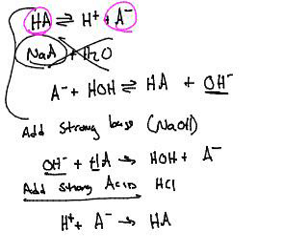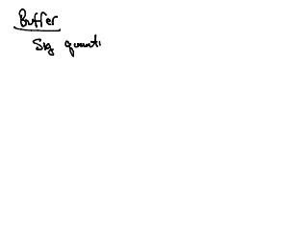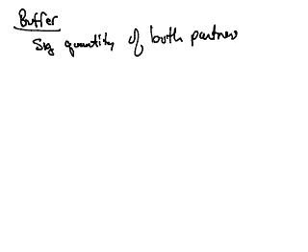All right, one more thing before we dive into the mathy piece is we can have what we call a buffer. Let's talk about buffers. What's the rule on a buffer? A significant quantity of both partners, which means within a factor of 10 of each other.